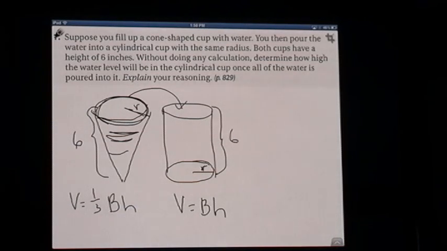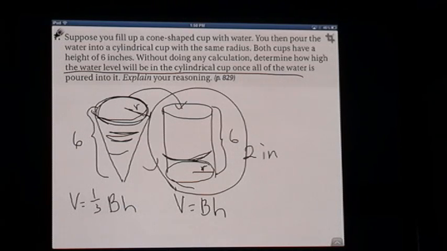So how high would the water level be in the cylindrical cup? Just 1/3 of the distance, and 1/3 of that 6 would be 2 inches. The reason is because only 1/3 of this whole volume here will fit into that cup once you've turned it into a cone.